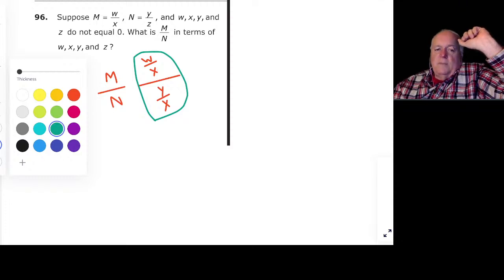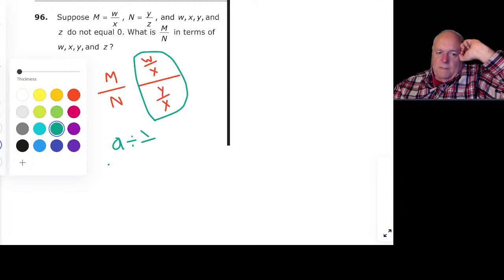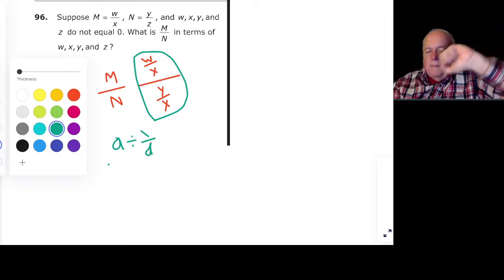anything divided by a fraction, so that would be numerator over denominator, okay?